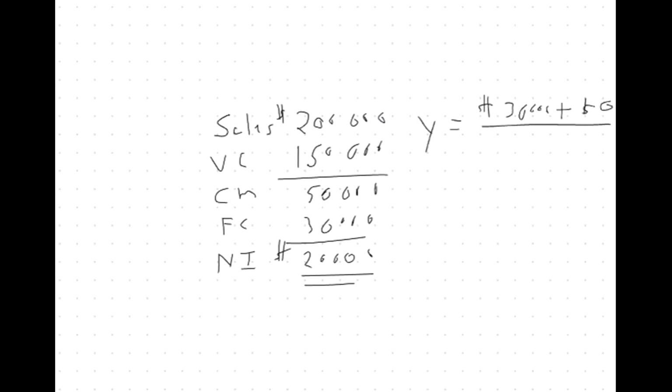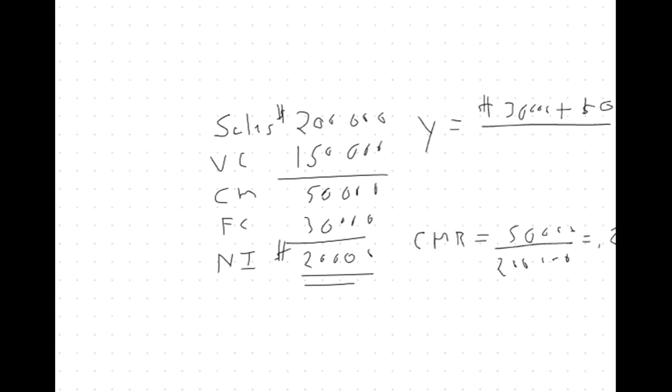Now, in the denominator, you're going to have to put in the contribution margin ratio. So, what did you compute as your contribution margin ratio? You got that by taking 50,000 divided by 200,000 of sales. We have a contribution margin of 25. Out of every dollar of sales, we net 25 cents.